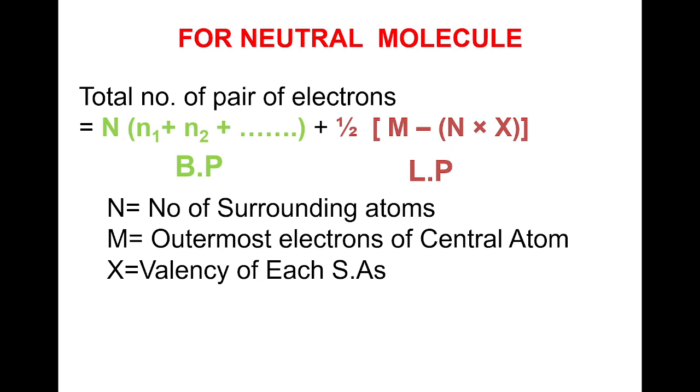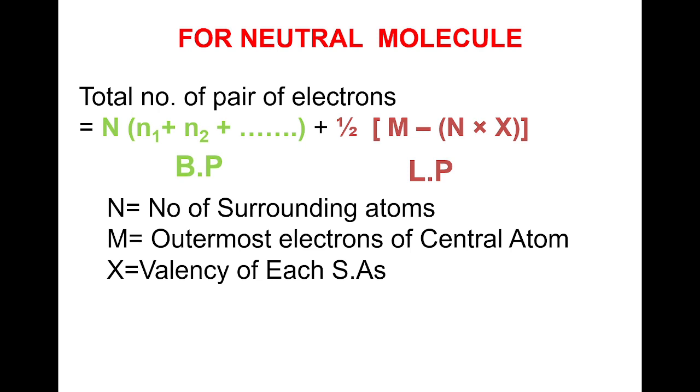The number of outermost electrons present in the central atom is N, minus the bracket of the number of surrounding atoms into the valency of the surrounding atom. The valency of chlorine is 1. If four chlorine atoms surround the central atom, then it is 4 into 1.